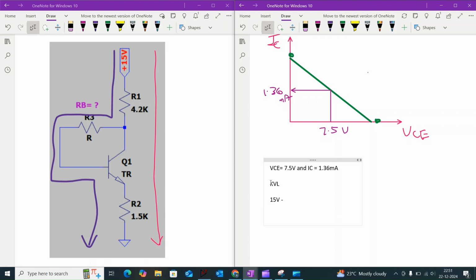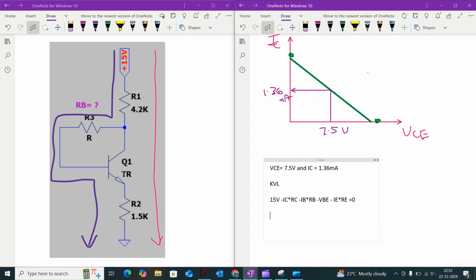volt minus IC into RC minus IB into RB minus VBE, which is the base to emitter voltage for this transistor, and IE into RE, which is equal to 0.